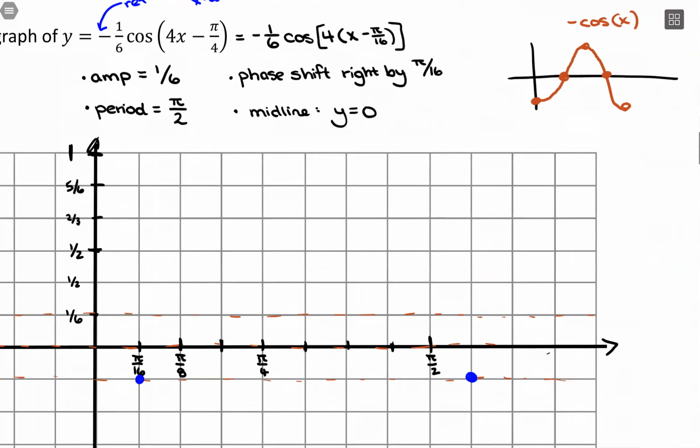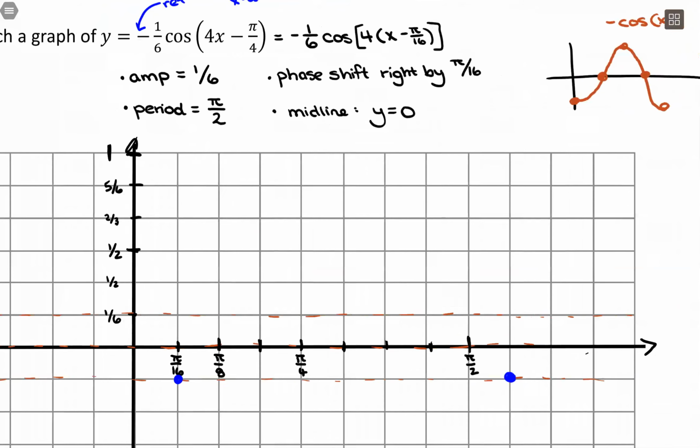All right, halfway between those values, we should be reaching our maximum. So that should be a distance of 4 squares. So that would be up there. Halfway in between those, we should be hitting the midline. And there. So it's basically every 2 squares something special is happening.